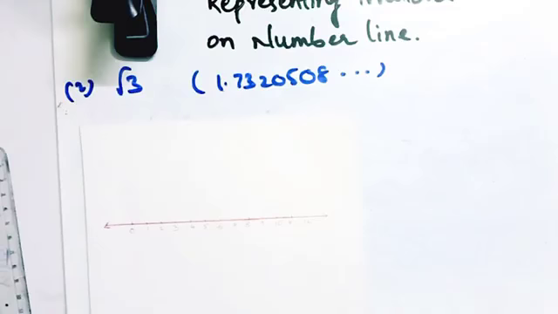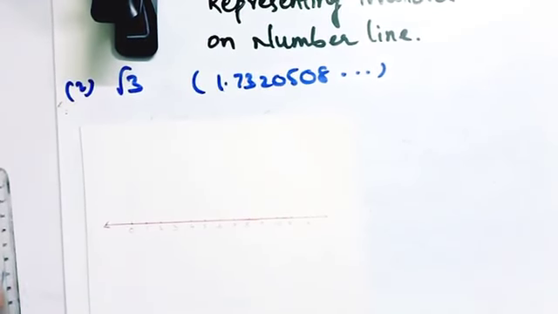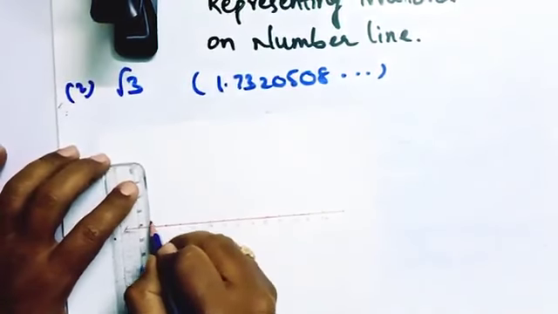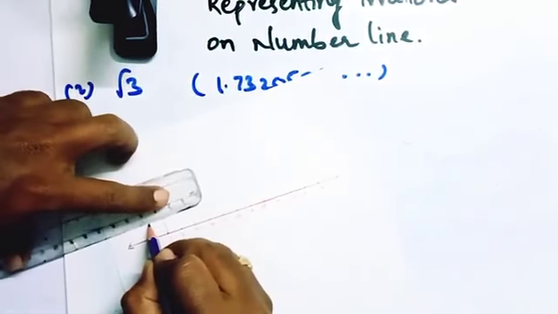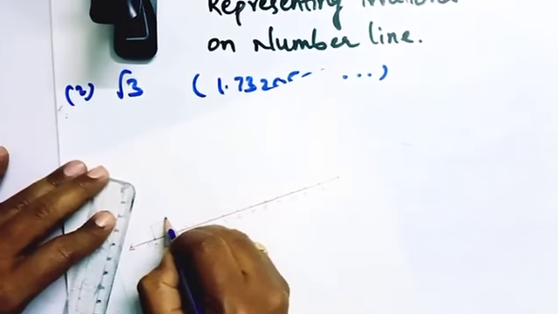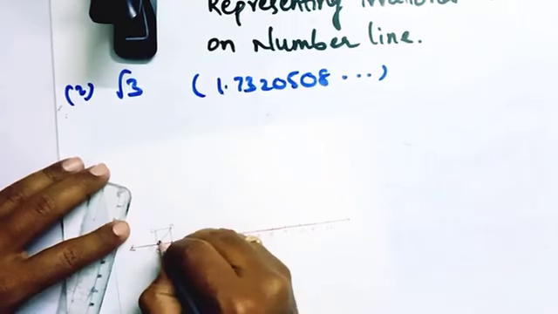Next we are going to locate root 3 on this number line. We already know the root 2 value. To get root 2 we drew the unit square and named it OABC, and the length O to B, as we already know, is root 2.